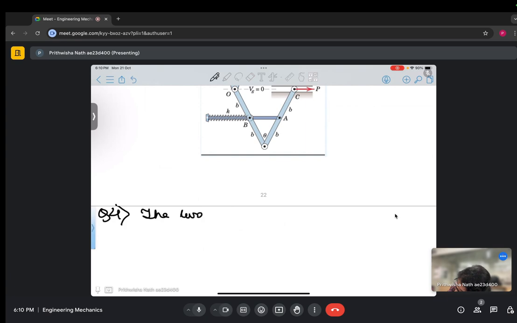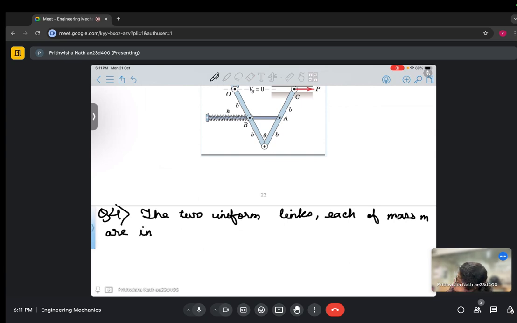Two uniform links, each of mass m, are in the vertical plane and are connected and constrained as shown.